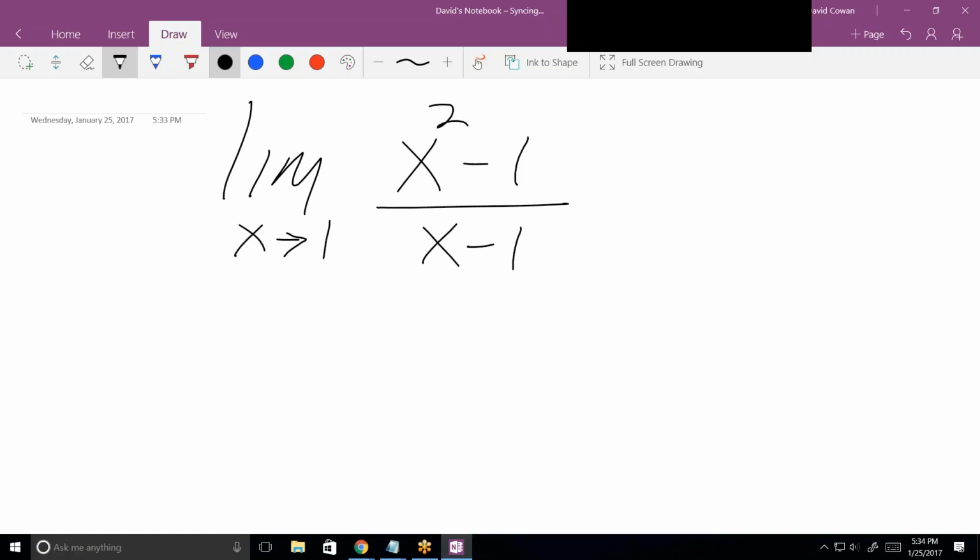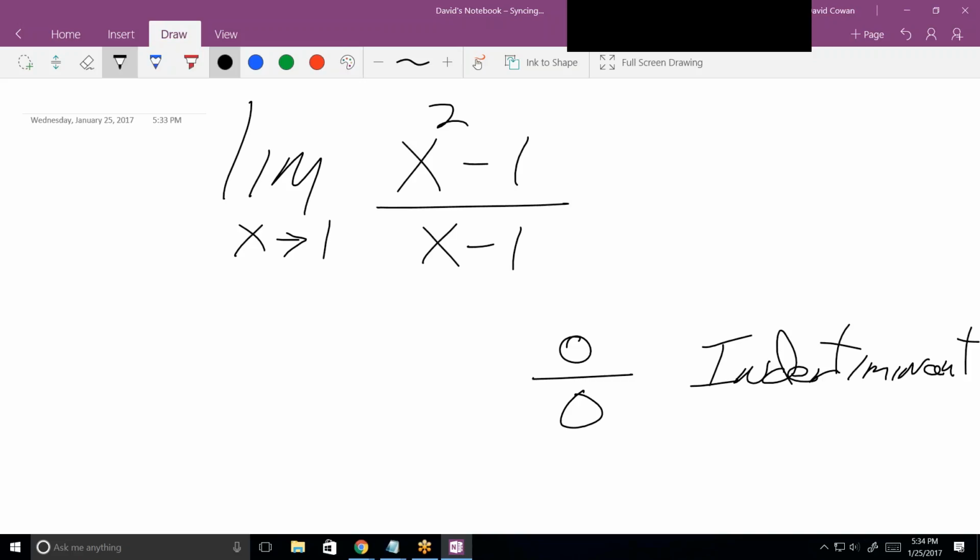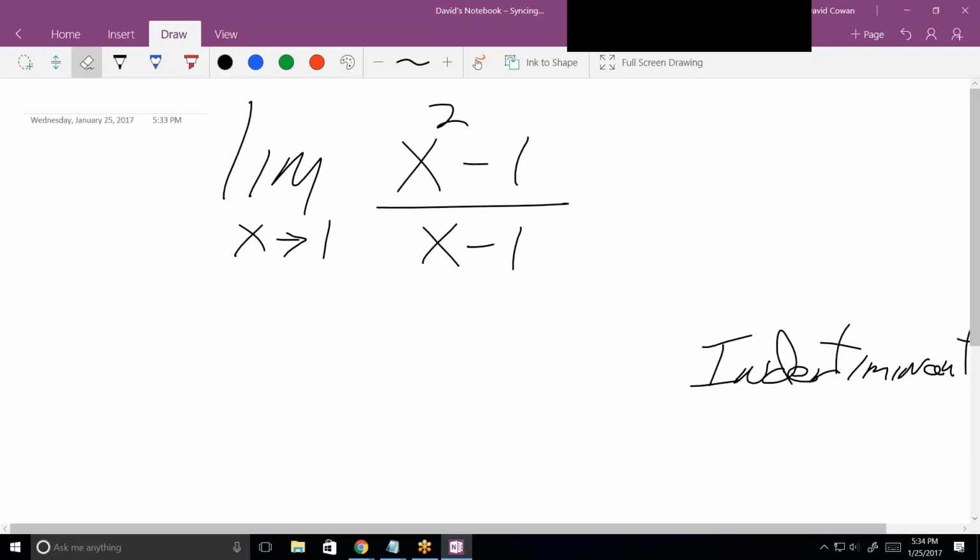First thing you notice is that it's 0 over 0 on direct substitution. 0 over 0 is called indeterminate. In other words, it might be a number, might be 0, might be infinity. It could be anything. We don't know what 0 over 0 is without doing more work on it.